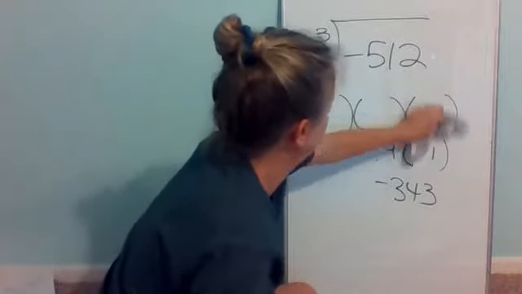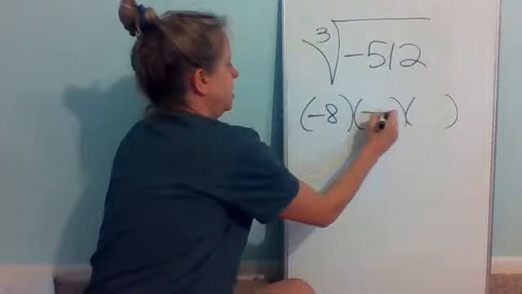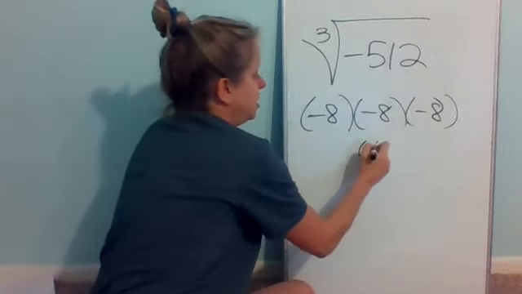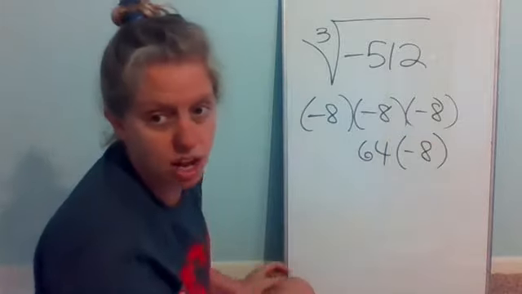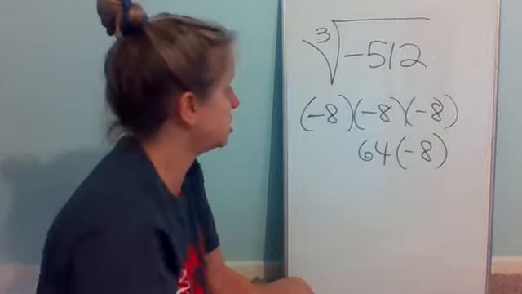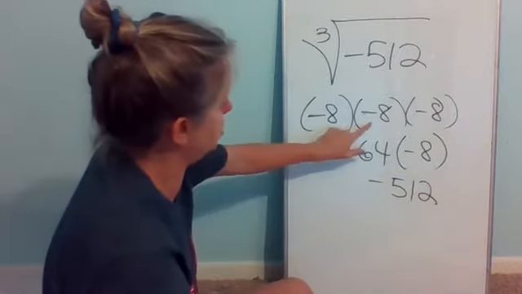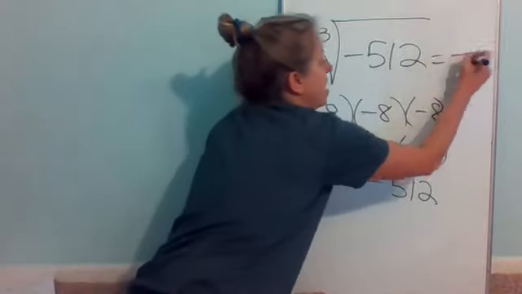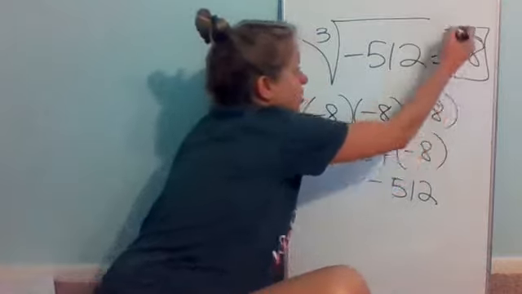I'm closer. Negative 8, negative 8, negative 8. Negative 8 times negative 8 is positive 64. Bring down that negative 8. So I've got 64 times negative 8, which gives me negative 512. So what number did I just multiply together 3 times that gave me negative 512? Negative 8 is your answer.